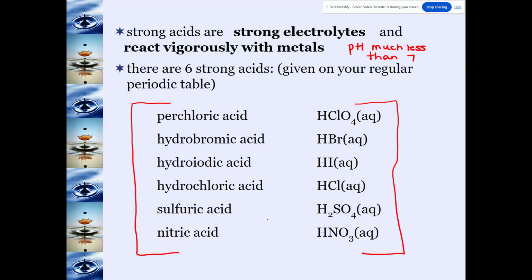So if I tell you that you have hydrochloric acid, it's on the list, it's a strong acid, all right? So you don't have to memorize them. They are given to you on your periodic table. But just know, if your acid is one of these 6, it is a strong acid, okay?